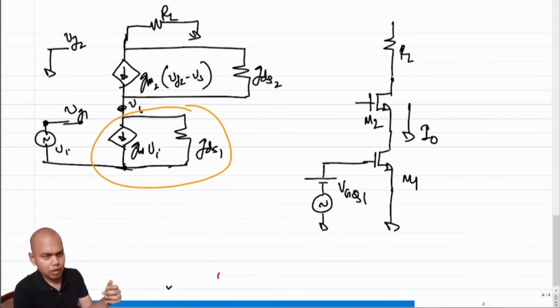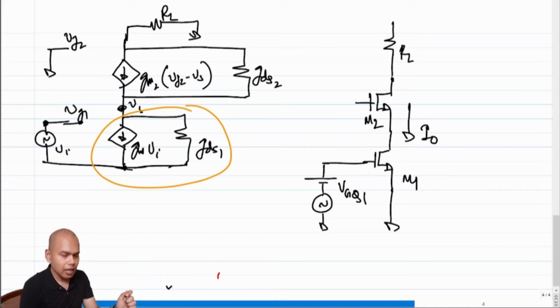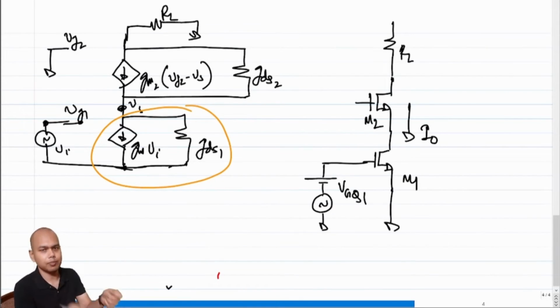So we can work backwards and assume to start off that the transistor is in saturation, and since I naught depends on VGS, we can identify which transistor is setting the VGS, right? So in this case, the gate of M1 is VGQ. What is the source of M1? The source of M1 is grounded. So the VGS of M1 is VGQ, which we are setting separately, right?